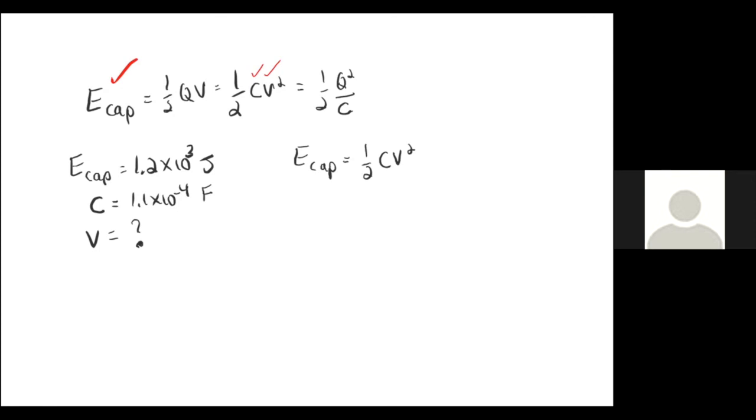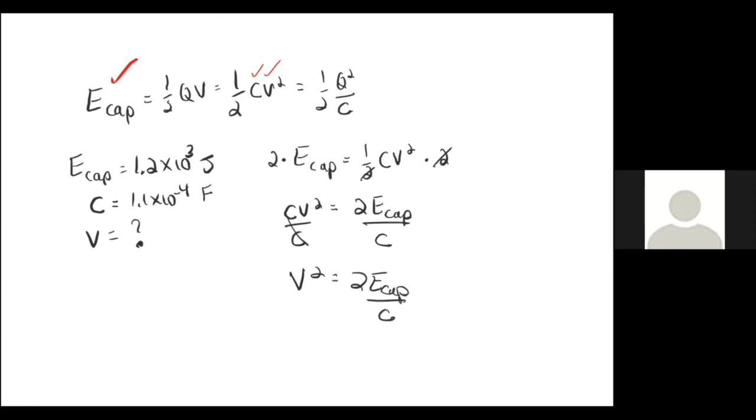So I can multiply both sides by 2, and that cancels that half on the right. So CV squared is equal to 2 times the energy stored in the capacitor. And then I can divide both sides by C. The V squared is equal to 2 times the energy in the capacitor divided by the capacitance. And then if I take the square root of both sides, I can get rid of this squared right here.